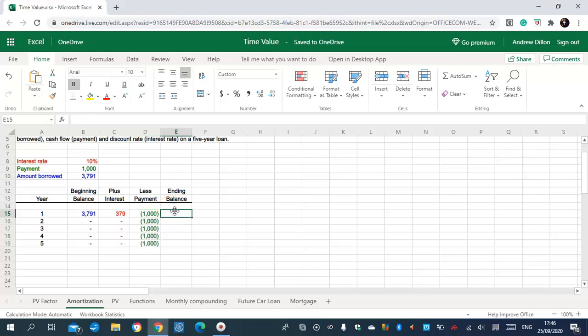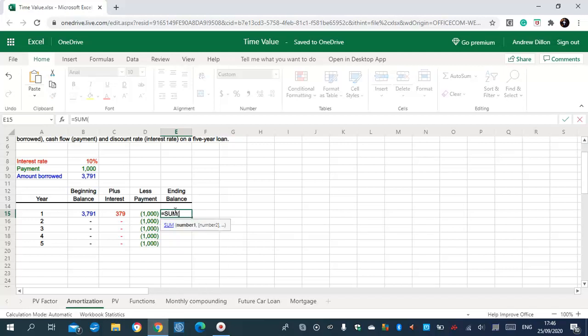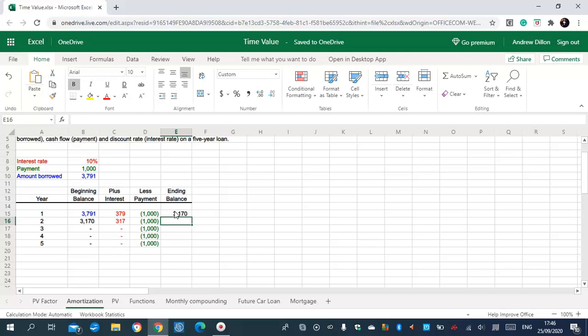Now to the ending balance. For that, in year 5 it has got zero amounts of the ending balance. Okay, so that's the amortization sheet complete.